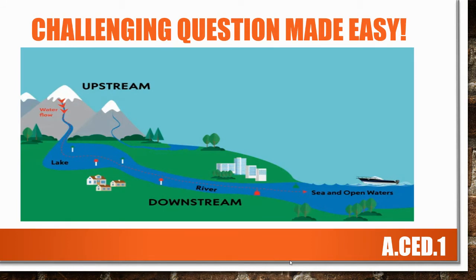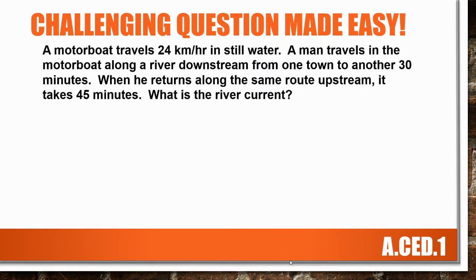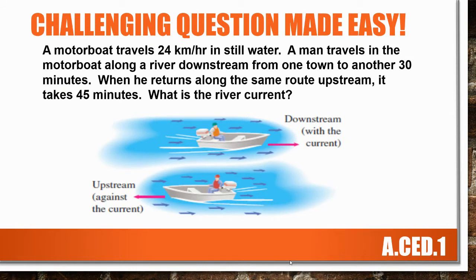If you're coming downstream, the current's going with you, which makes your rate faster. Here's another way to look at it. Downstream with the current, you get your speed plus the current. Upstream against the current, you get to subtract the current. It's kind of like running against the wind.